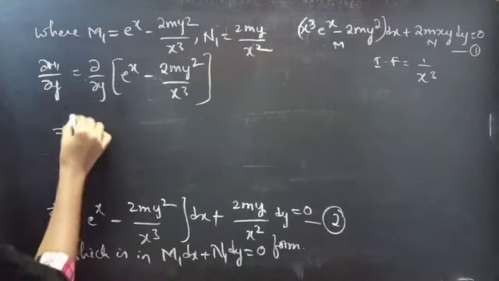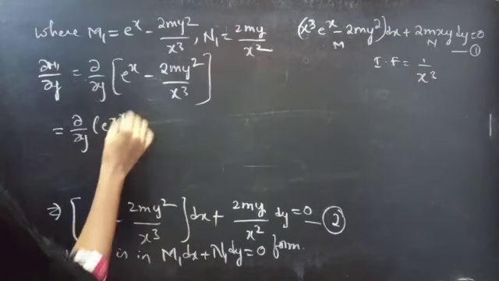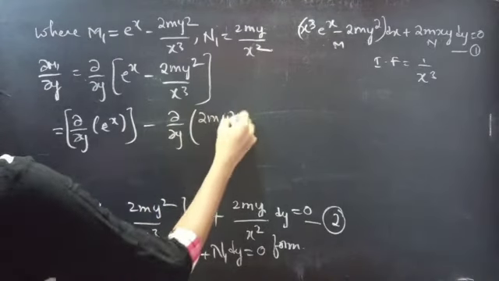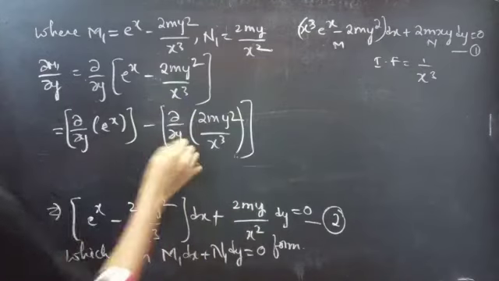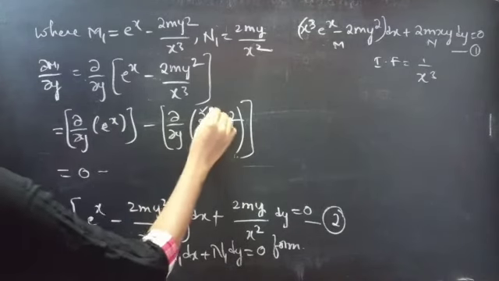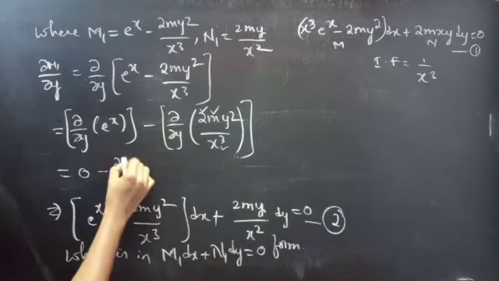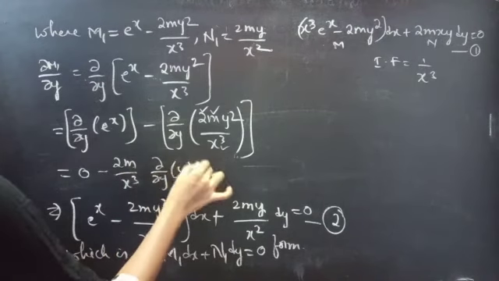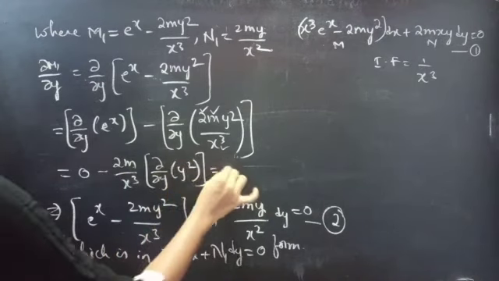You can write this as dou by dou y of first term e power x minus dou by dou y of second term 2my square by x cube, which equals partial derivative of a constant is 0, minus, write the constants 2m by x cube outside the derivative, then you'll get 2m by x cube times partial derivative of y square with respect to y, which is 2y, which equals minus 2 twos are 4 my by x cube.